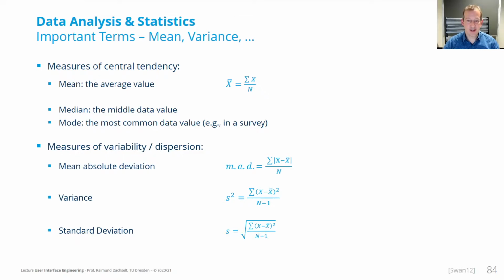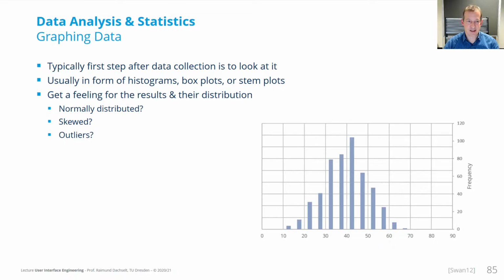And then you have the variance, which we already talked about, so S squared, which is basically the same but squared and divided by n minus 1, and the standard deviation, which is the square root of the variance. So these are important values we use in statistics, in particular the standard deviation.